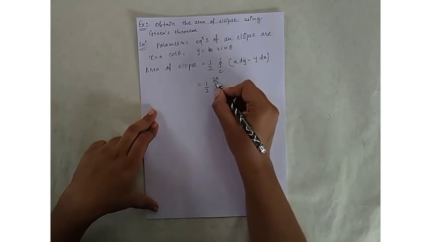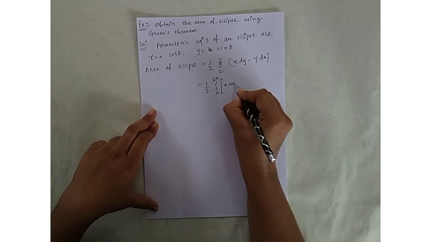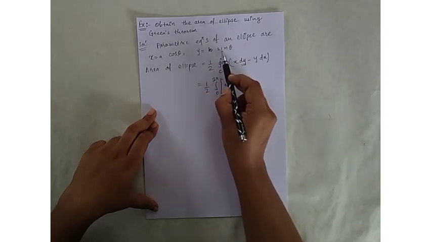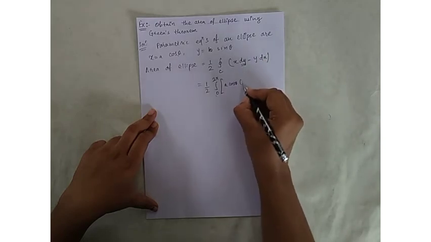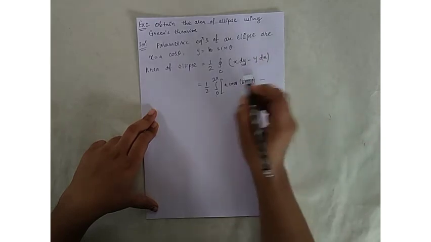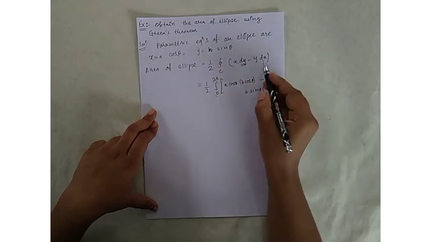So the limit is 0 to 2 pi, and put the value of x, that is a cos theta, dy is b cos theta, minus put the value of y, that is b sin theta, and dx.